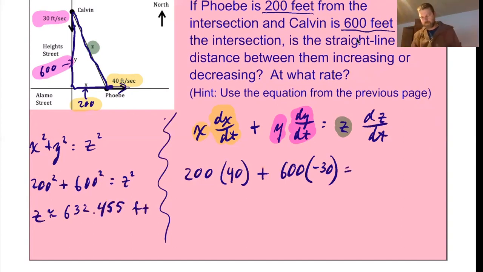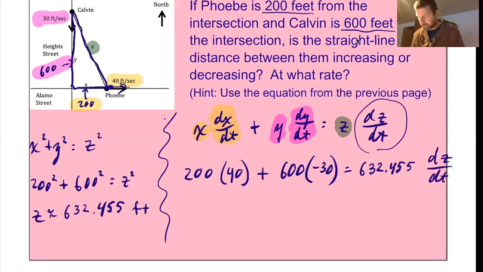All right, so we can do that. This will be equal to 632.455 times dz/dt, which is the one thing I don't know in this equation. But that's okay, because that is what I'm trying to find out. I'm trying to find out if that distance between them is increasing or decreasing.